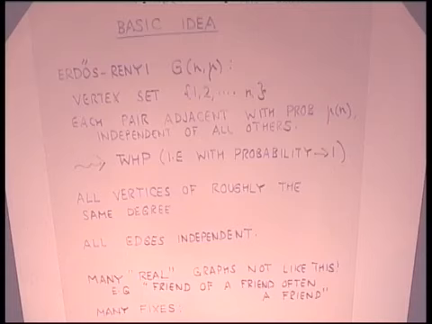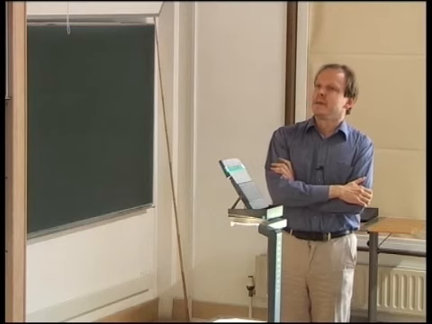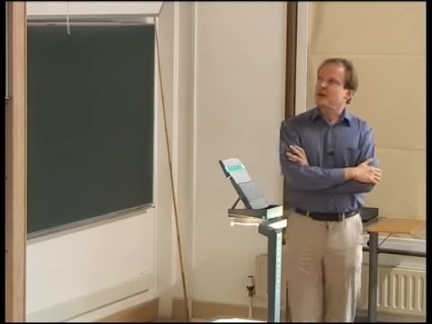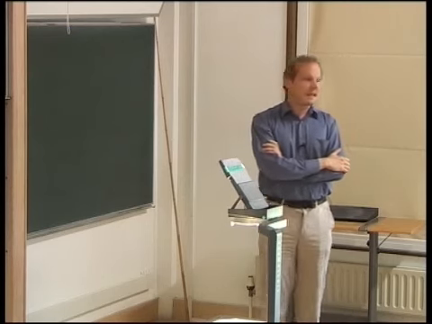You can easily show that all the vertices in an Erdős–Rényi random graph, let's say for the moment that p is a constant, just to keep this kosher, have roughly the same degree, and of course they're independent of each other. There are a lot of real graphs out there that aren't particularly like that.